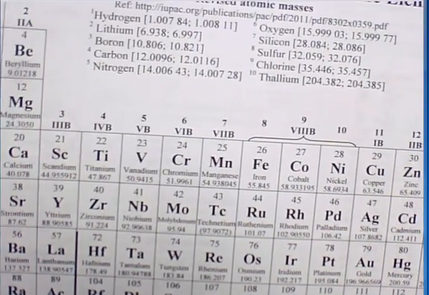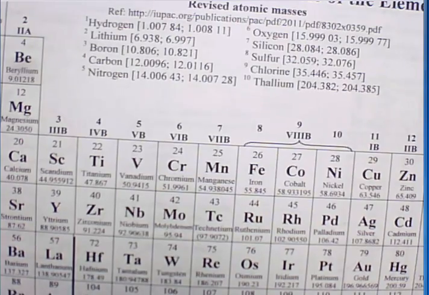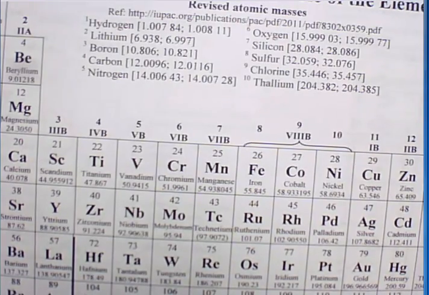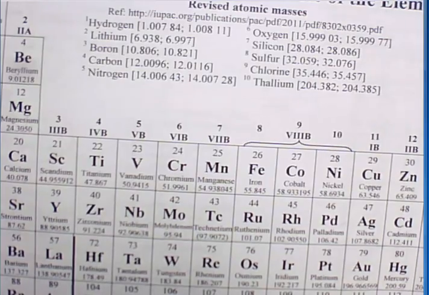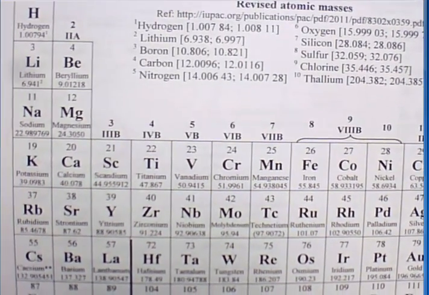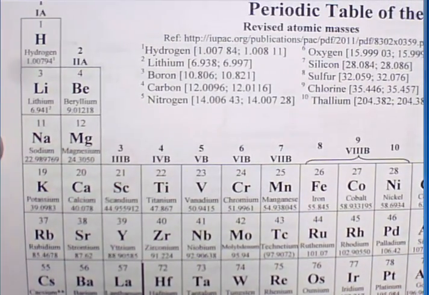Okay? So, monoatomic ions that are positively charged have lost 1 or more electrons. Good definition to remember. Okay? If they've lost 1 electron, that's a 1 plus charge.